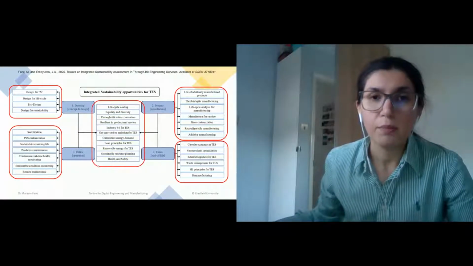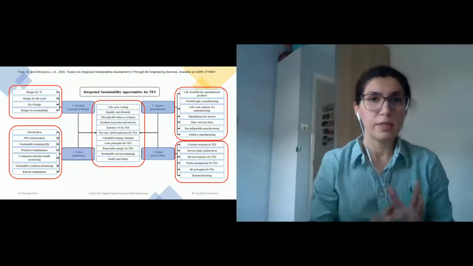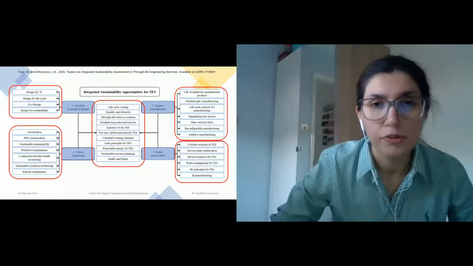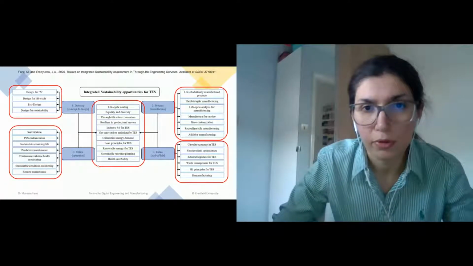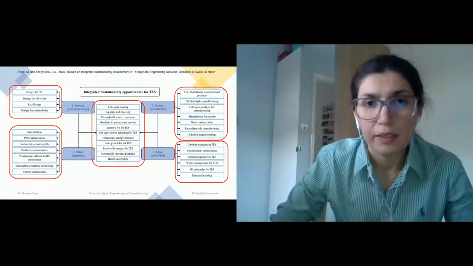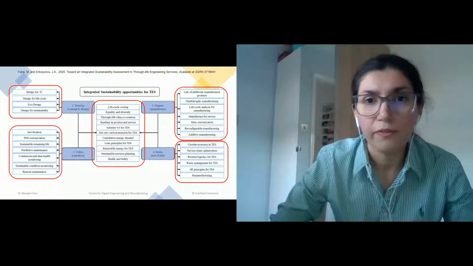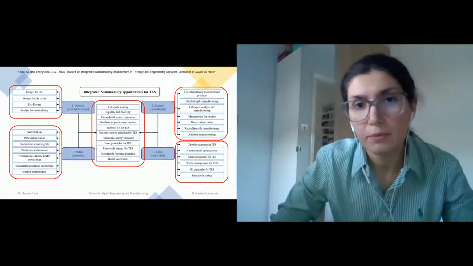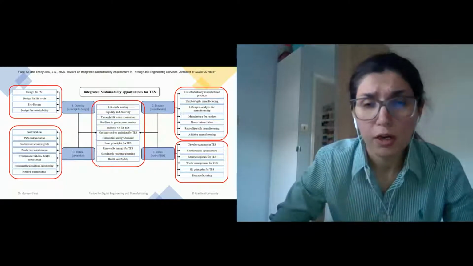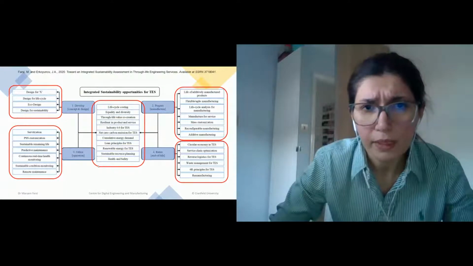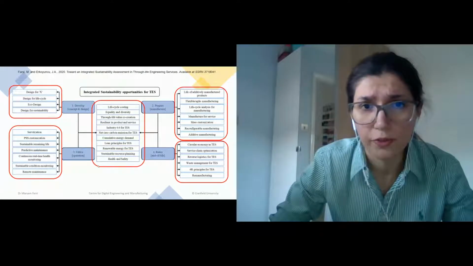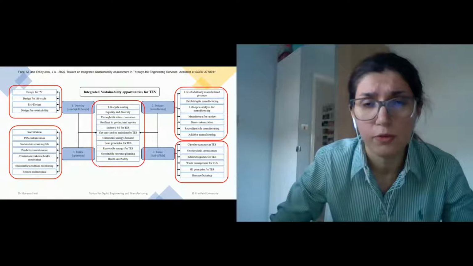Some of the elements with regards to the integrated sustainability opportunities lie within all these 4 phases through the product life cycle. The first one, life cycle costing, equality, diversity, through life value co-creation, and resilience in products and service, which also came out of the discussion with the keynote with Andy Neely this morning, that these are the areas that we should focus on, the value co-creation and also the resilience.